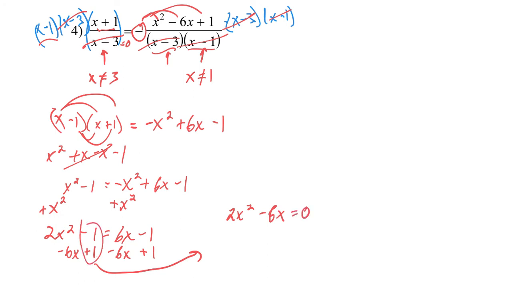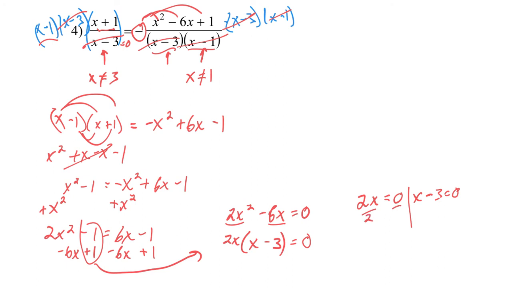So now I can set this equal to 0 and then factor and solve. So what can I factor out of both of those? I can take a 2x out of both. That's going to leave me with x minus 3 equals 0. Then I set both my factors equal to 0 and solve. So I have 2x equals 0 and x minus 3 equals 0.